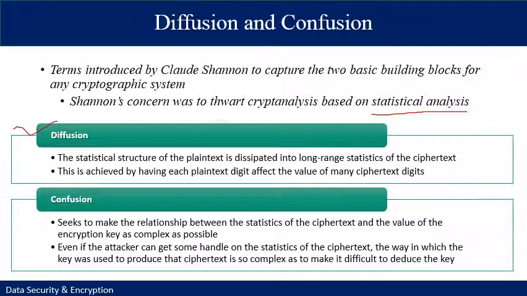That means you have to diffuse the obvious patterns so that the patterns cannot be easily discovered. This is achieved by having each plain text digit affect the value of many ciphertext digits.